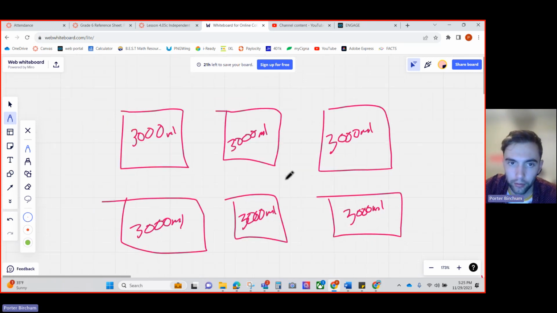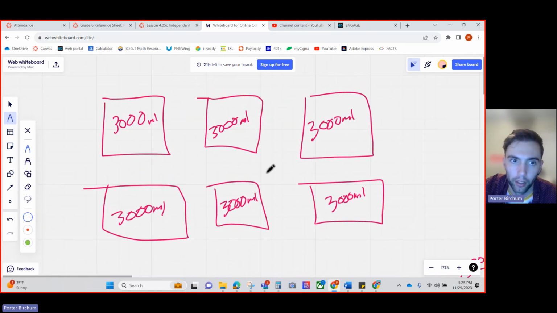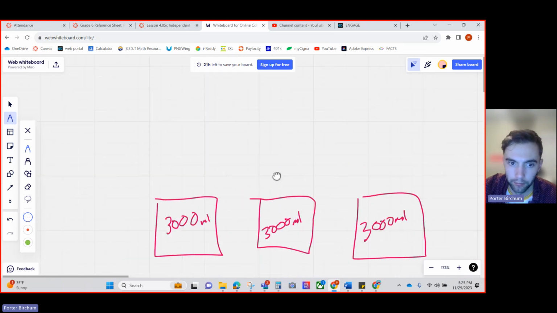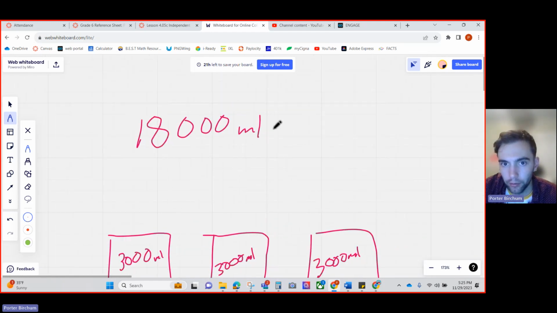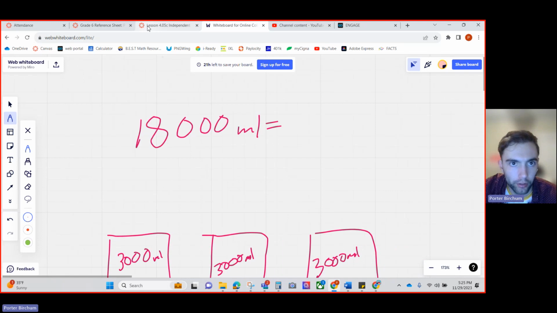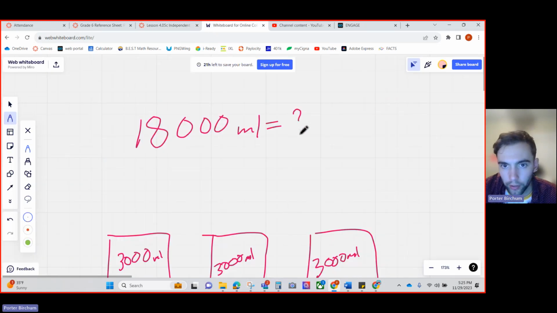How many milliliters of juice were poured into the pitcher? 3, 6, 9, 12, 15, 18, 18,000 milliliters of juice. Looks like the question is trying to ask us not how many milliliters of juice, but how many liters of juice. So we're trying to turn 18,000 into liters.